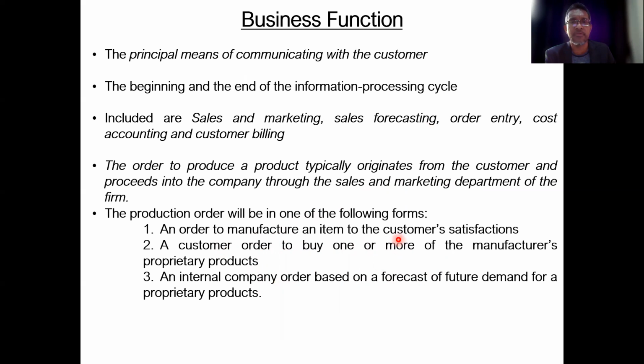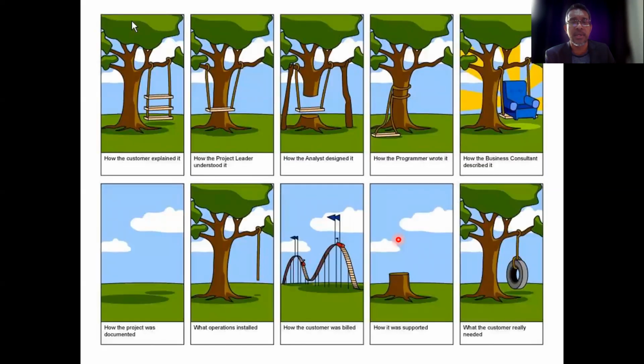This one, the information flow, shows the relationship from this picture. You can see the customer explains this to the production side, and they have a discussion to understand the requirement or need from the customer.